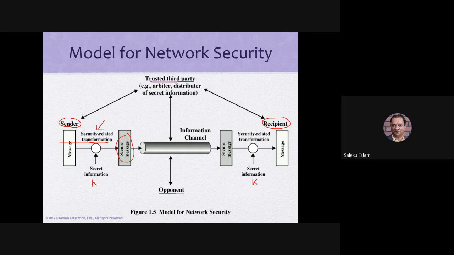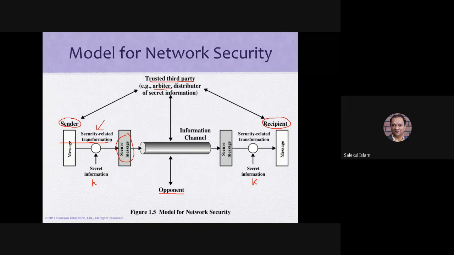And another function of the trusted third party is that sometimes they work as an arbiter. The work of the arbiter is, if there is any dispute, then the arbiter will resolve that dispute.